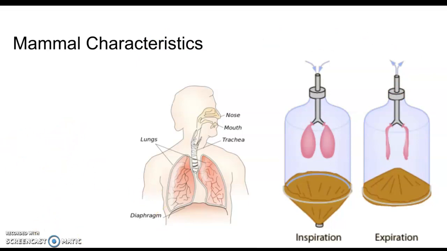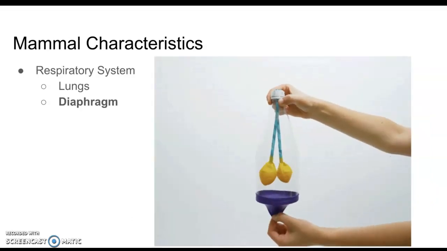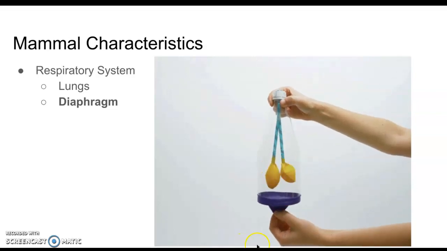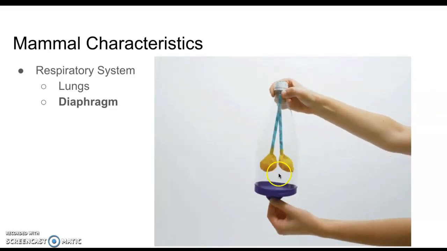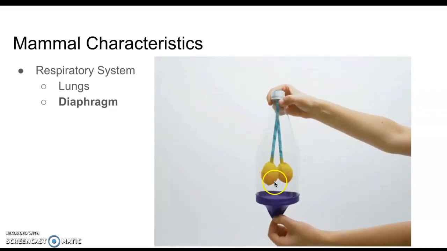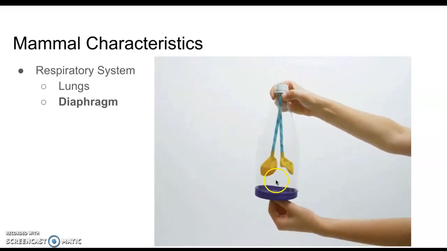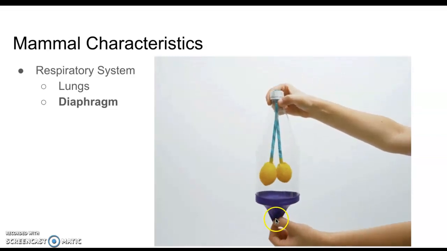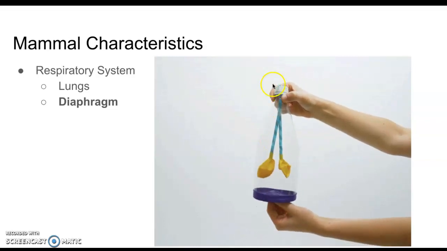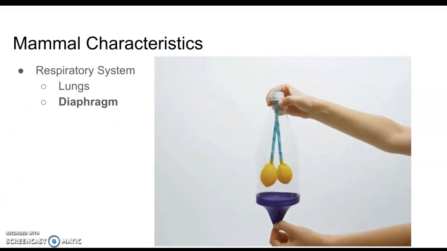So we're going to see a demonstration of how this works. So here we have a demonstration. Notice the diaphragm moving down, and the windpipes bring the air in, and then as it pushes up, the windpipes push the air out.